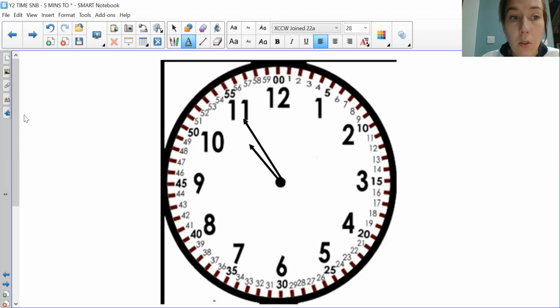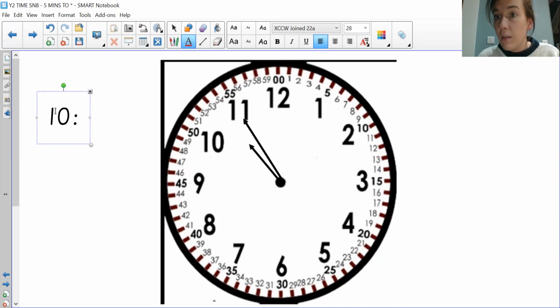However, when we're looking at the digital time, we're going to be writing it as 10:55, because it has left the 10, but it's still in that hour bracket. You've got to focus on the fact that the minutes are counting up in 5s, and we need to realise that each of these is worth 5, 10, 15, 20, 25, 30, 35, 40, 45, 50, 55.